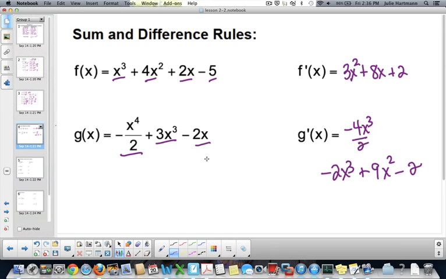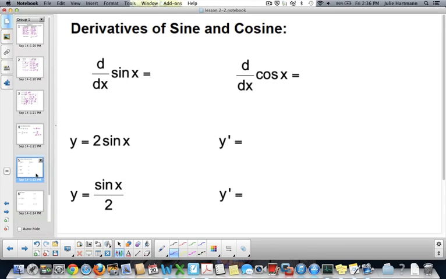Okay, now the next thing are your derivatives of sines and cosines. Now, if you remember in class the other day, we did the derivative graphs, right? Let's just start it over. So here is a sine curve.